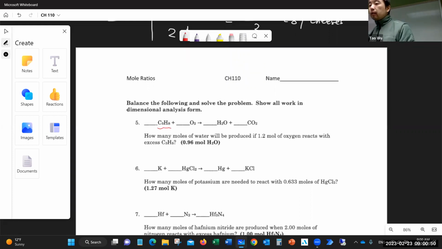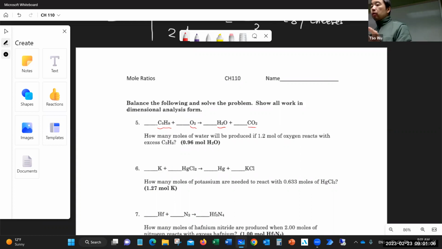For this question, we have C8H8. Sorry, this is C3H8, not C8H8. This compound reacts with oxygen. This is a combustion reaction, you see? They react with oxygen to produce water and CO2.